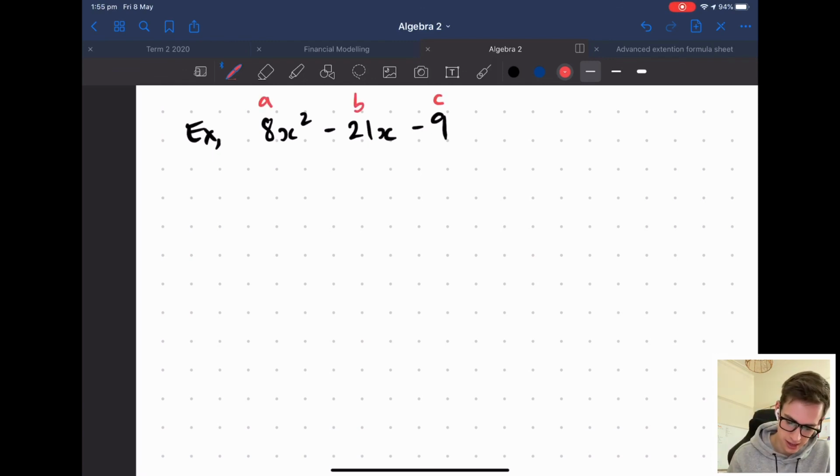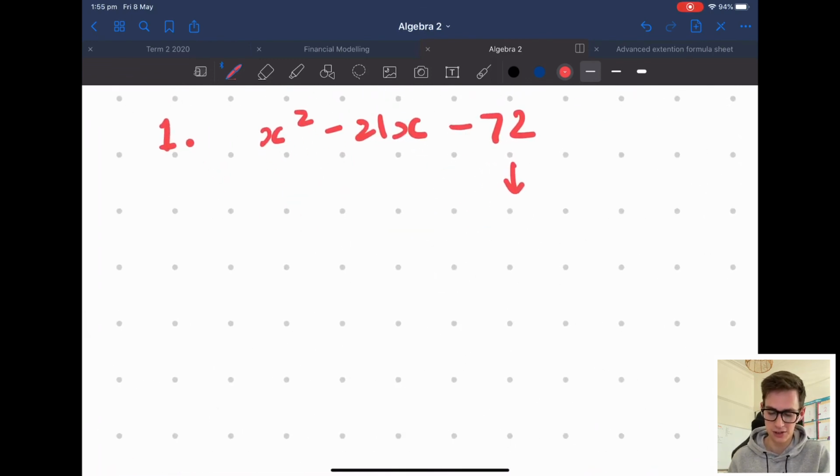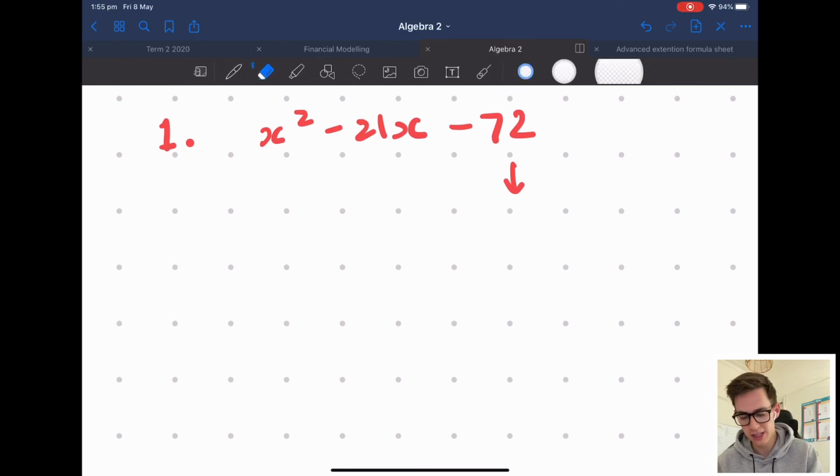So we've got A, B, C. Step 1 is I'm going to get rid of the A and multiply it at the end. I believe it's 72. Yes, okay, cool. And then I need to figure out my factors of 72 because I'm just going to factorize like normal. I could have 72 and 1. I'm going to stop writing those because clearly 72 and 1 is not going to get me 21, right?